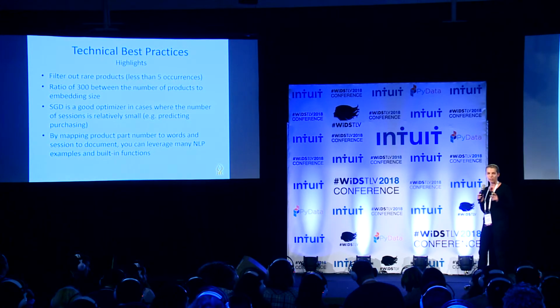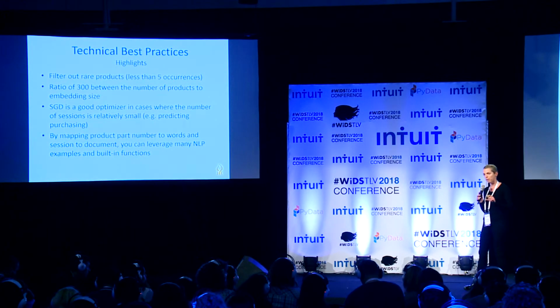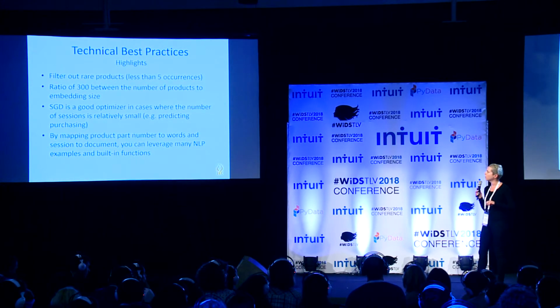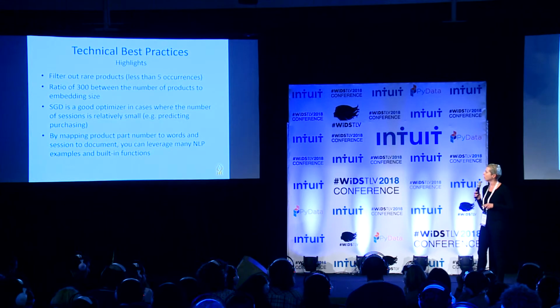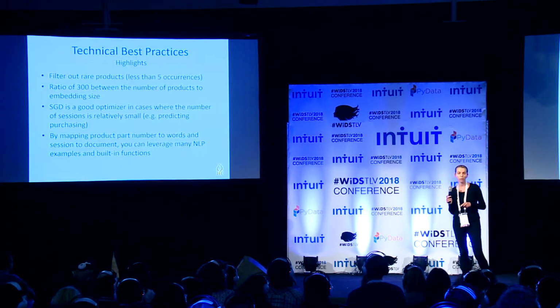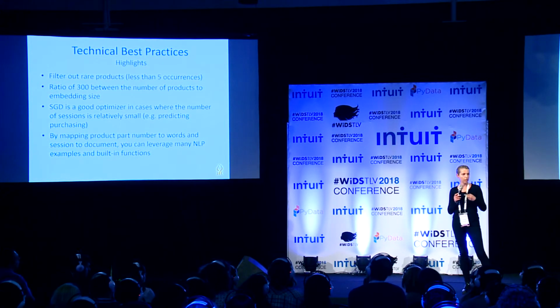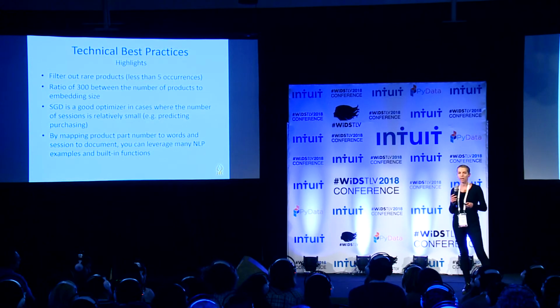SGD optimizer is a good choice in cases where the ratio between the number of parameters and the number of instances is lower than 10. SGD will be a good choice. And you can leverage a lot of NLP examples online with Keras, with TensorFlow, in order to implement this kind of e-commerce models.